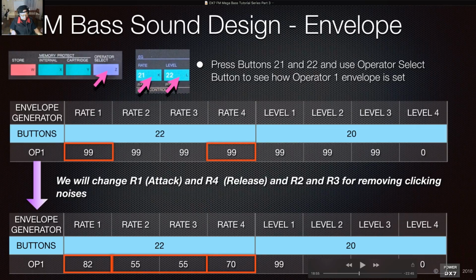So for operator 1, rate 1 is 82. Then rate 2 is 55, rate 3 is 55, and rate 4 is 70.